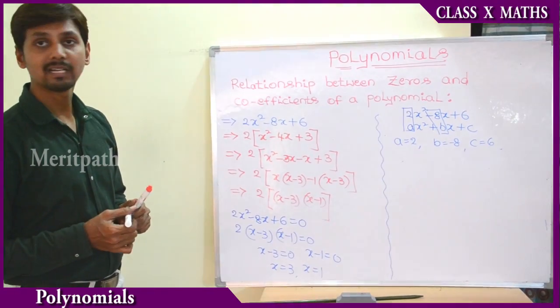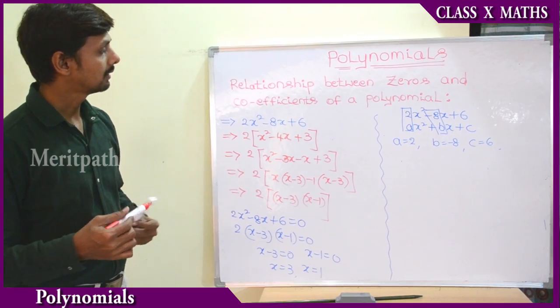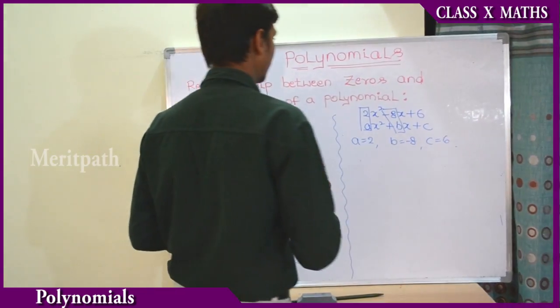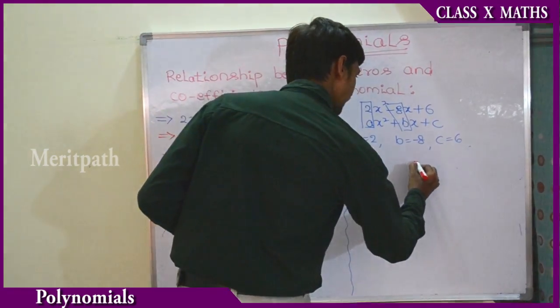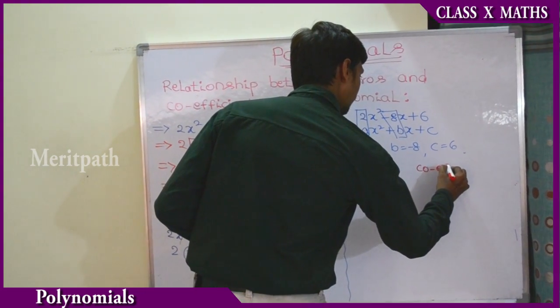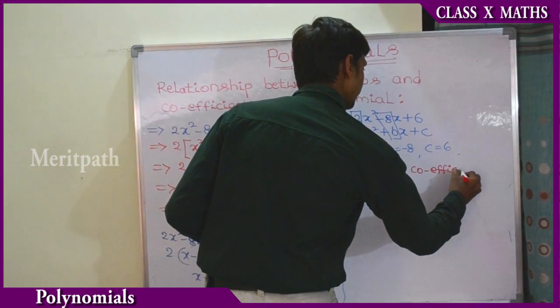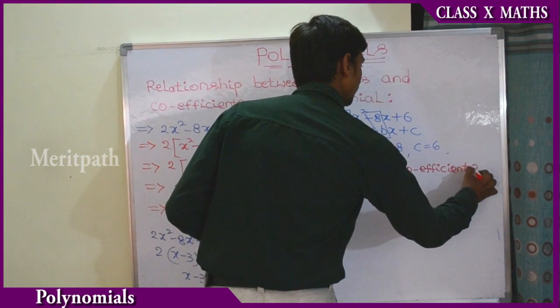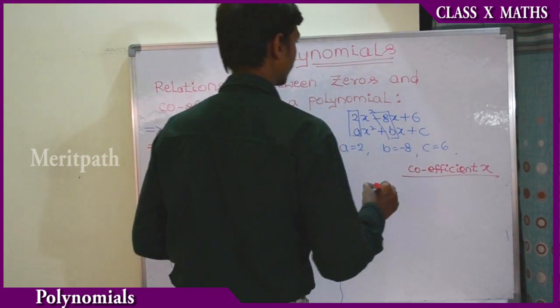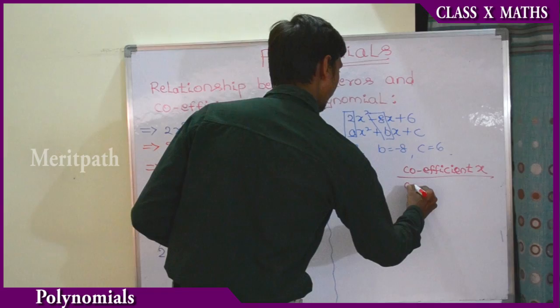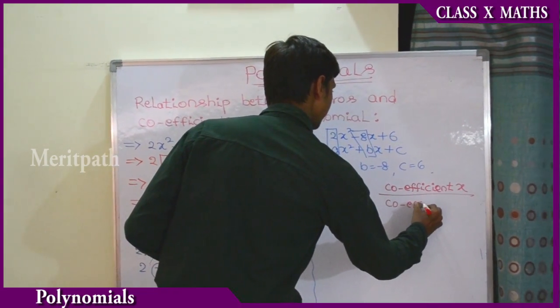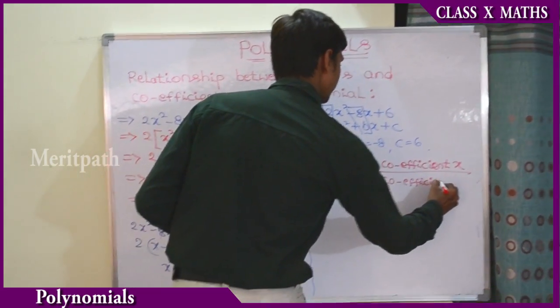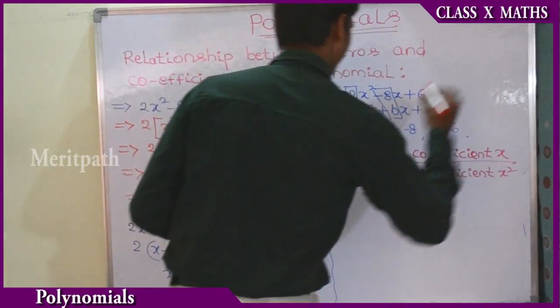So in this we can consider the coefficient of x divided by the coefficient of x squared.